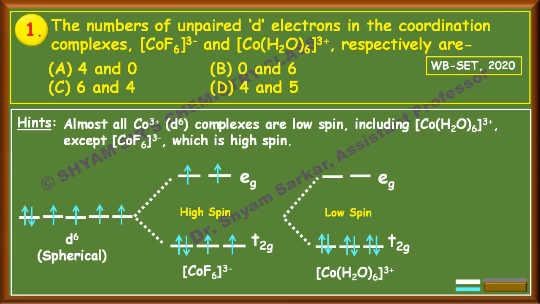So the answer is 4 and 0, which matches option A. So option A is the correct answer.